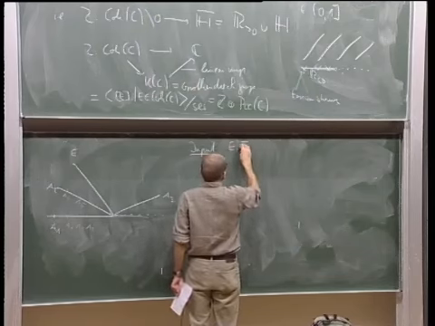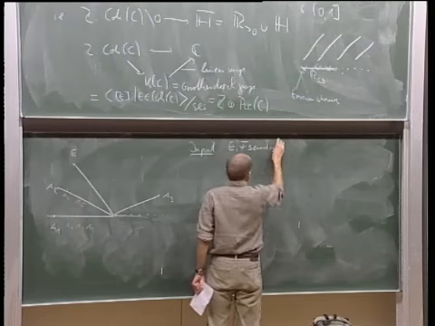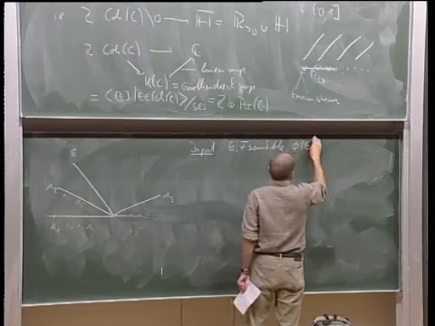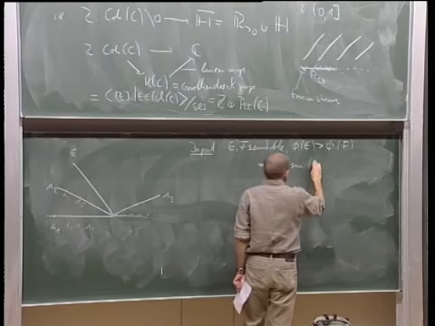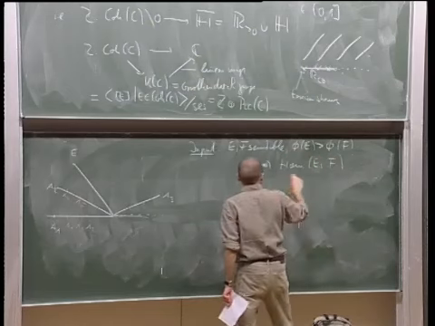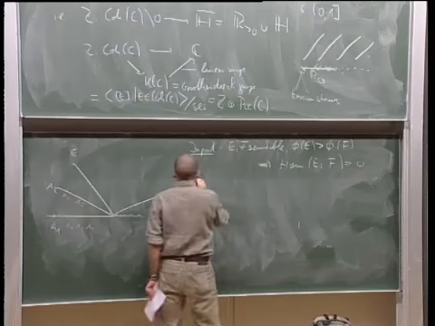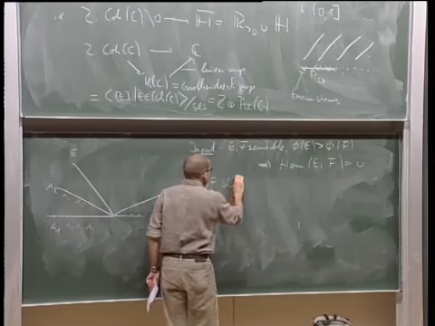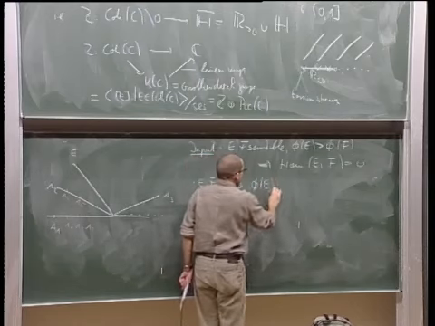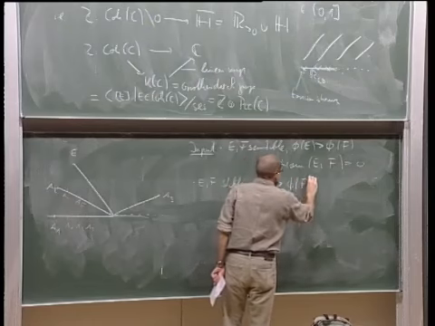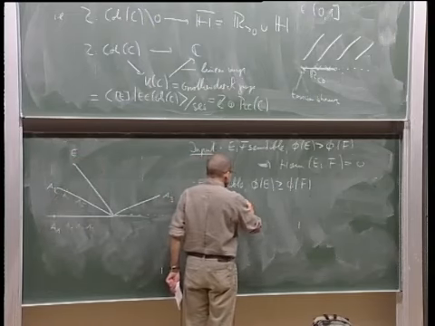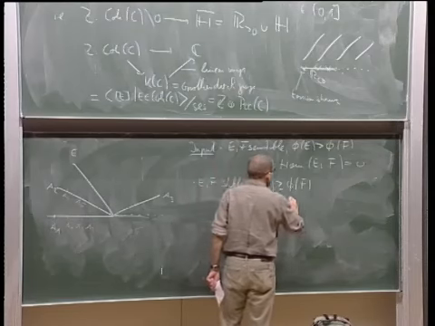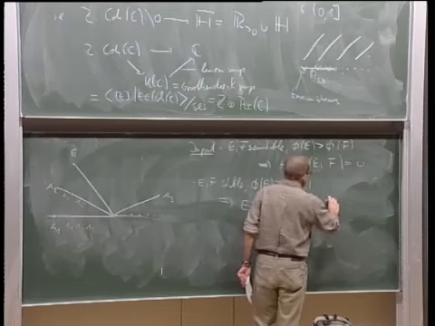If E and F are semi-stable and the phase of E is bigger than the phase of F, then there are no homomorphisms from E to F. If E and F are stable, and the phase of E is bigger or equal to the phase of F, then either E is isomorphic to F, or again there are no homomorphisms from E to F.